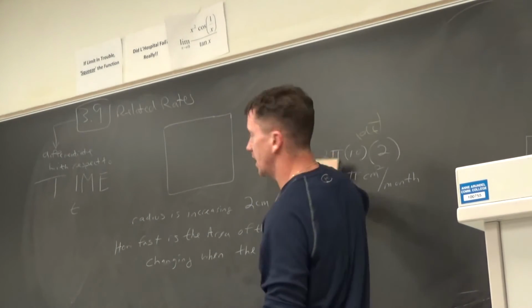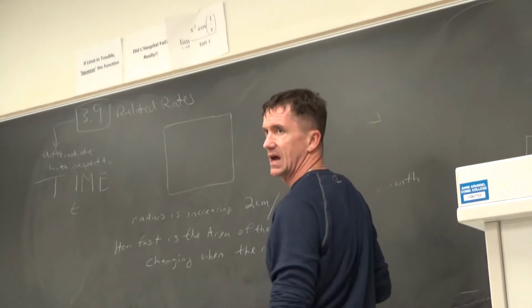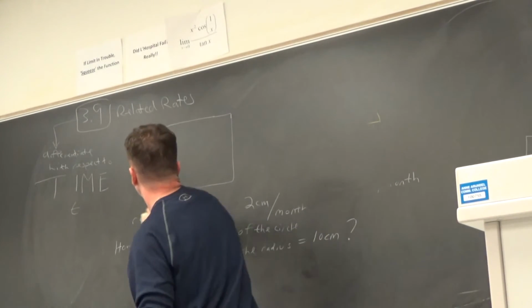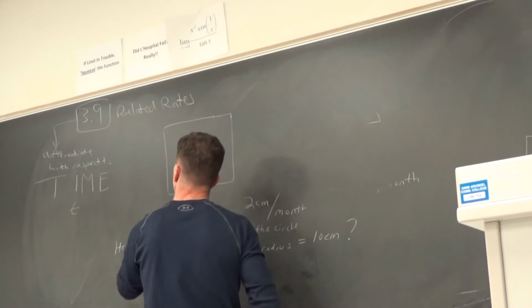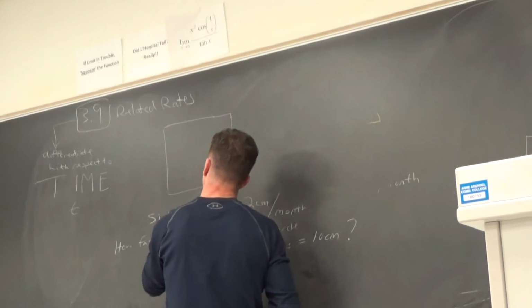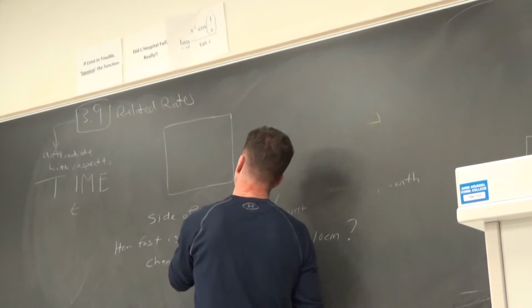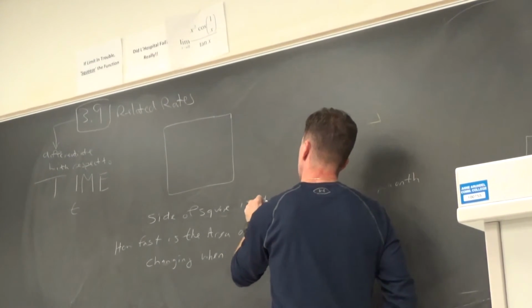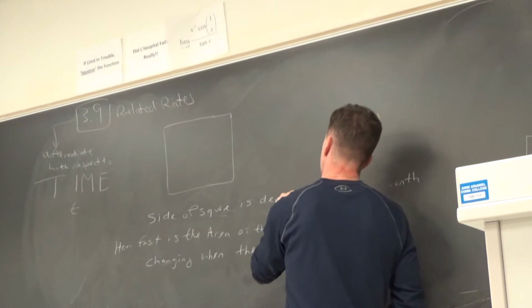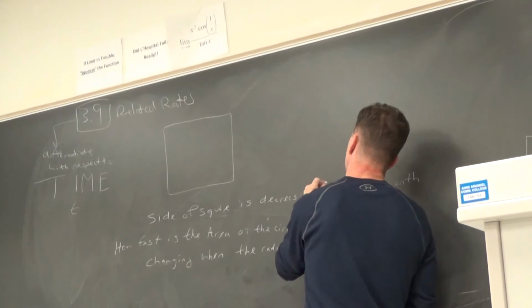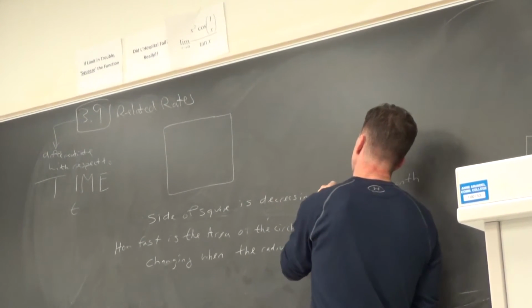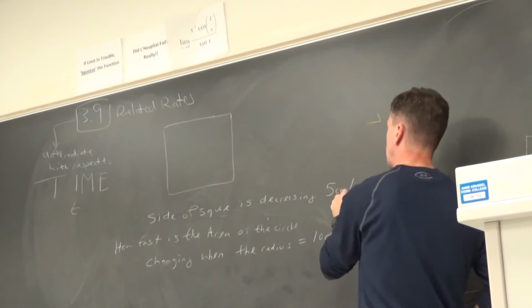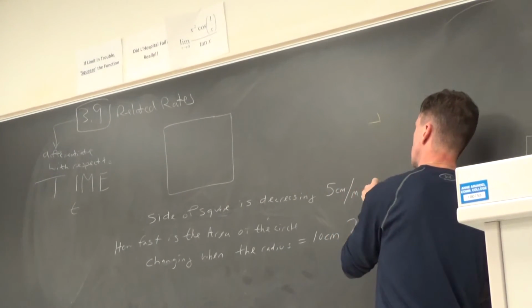All right, this is a square, and this time, let's say the side of the square is decreasing 5 centimeters per minute.